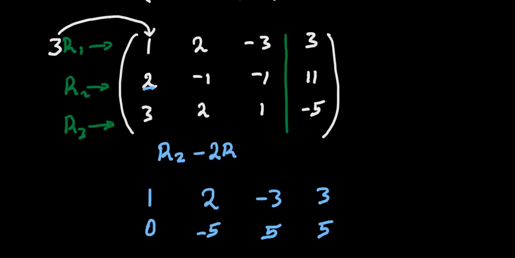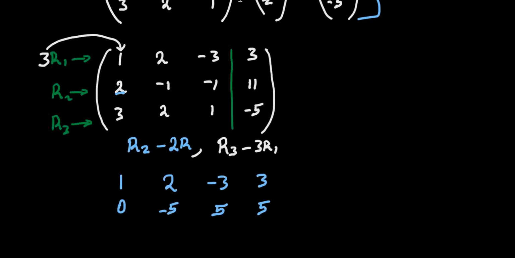Now, just before we continue, let's write it here: row 3 minus 3 times row 1. Good. All right. So 3 times 1 will give us 3. And then this 3 minus 3 times 1 would give us 0. So this is now 0.